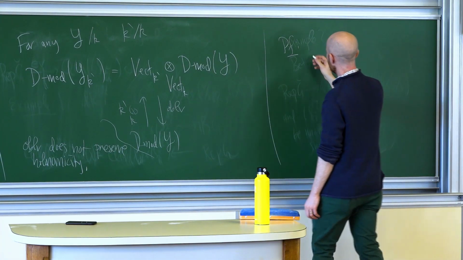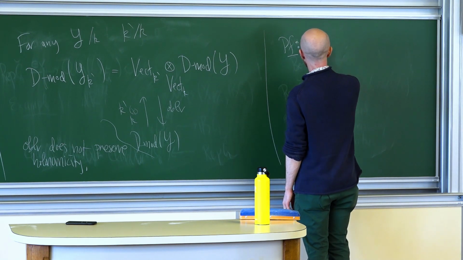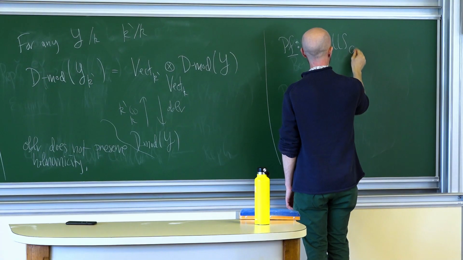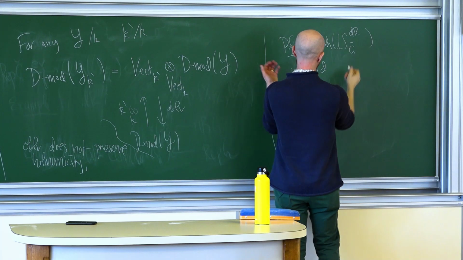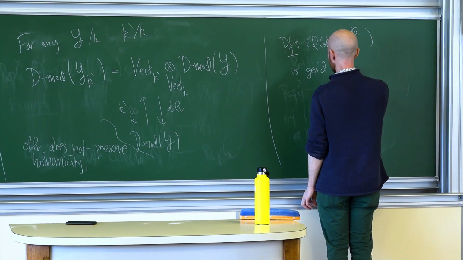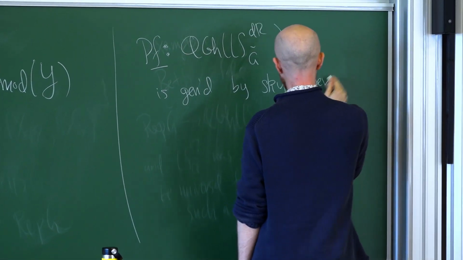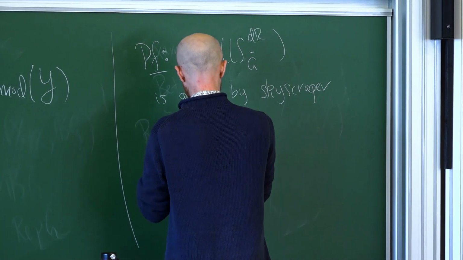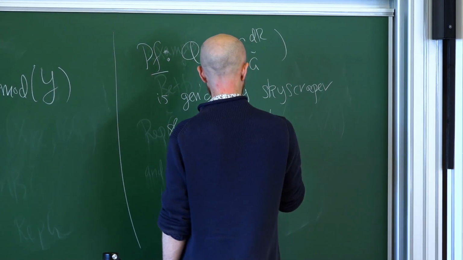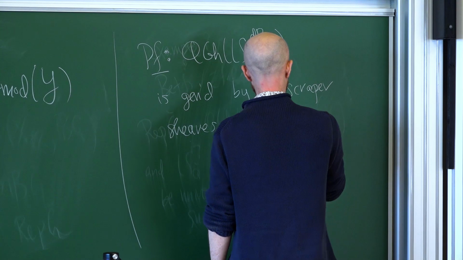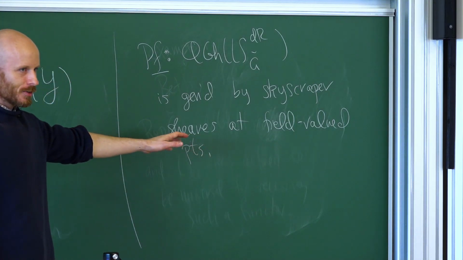So here's the proof. This QCoh of LocSys G-check de Rham, you can see, is some sort of general thing with Cousin complexes. It's generated by skyscraper sheaves at points, let's say at field-valued points, but allowing possibly transcendental extensions.